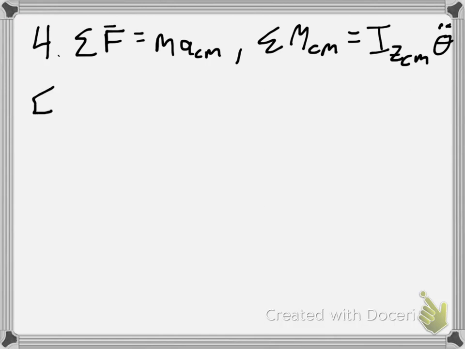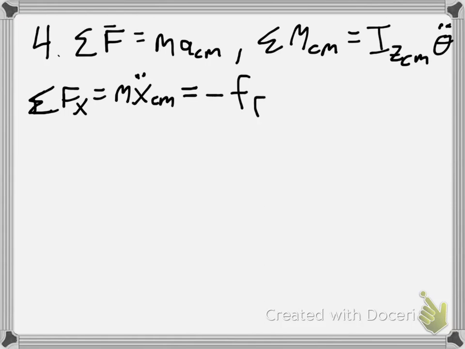That's kind of one of the disadvantages I can see already. Sum of forces in the X direction equals the mass times the acceleration of the mass in the X direction. X double dot center mass equals, what are my forces acting in the X direction? Friction in which direction? Negative, yes, negative force of friction. And a component of the weight, which component? The sine, yes, so plus mg sine of phi.